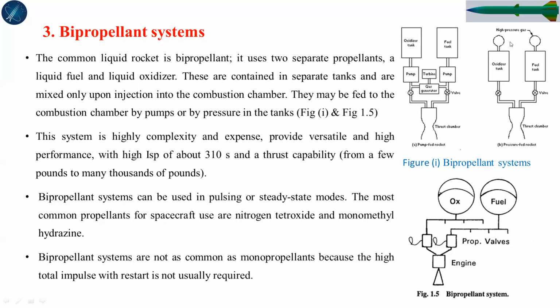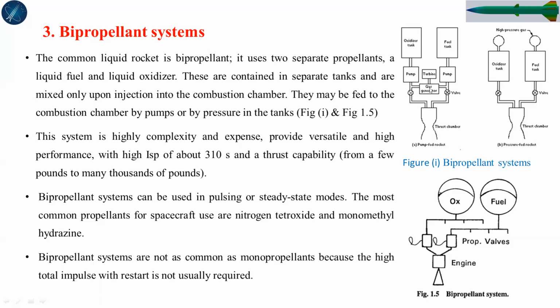Okay, there are actually two types of bipropellant system. One contains a gas generator, and another simply has small valves. This is the pressure feed system. We have high pressure gas here, so it is called the pressure feed system. And another one is the pump feed system. So we have pumps on it. You see, there are pumps in between this valve and this valve.